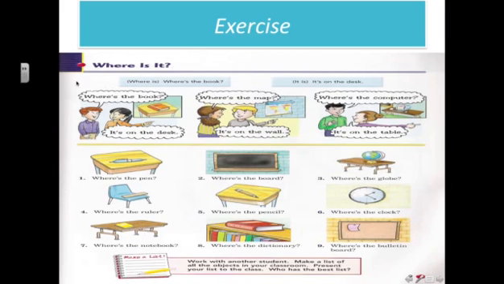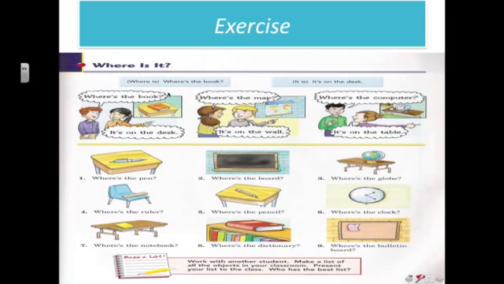Okay, now I want you to look at this exercise. Where is it? Now we will use the verb to be plus location. Here they are asking for the location of the object, the thing you are looking for.